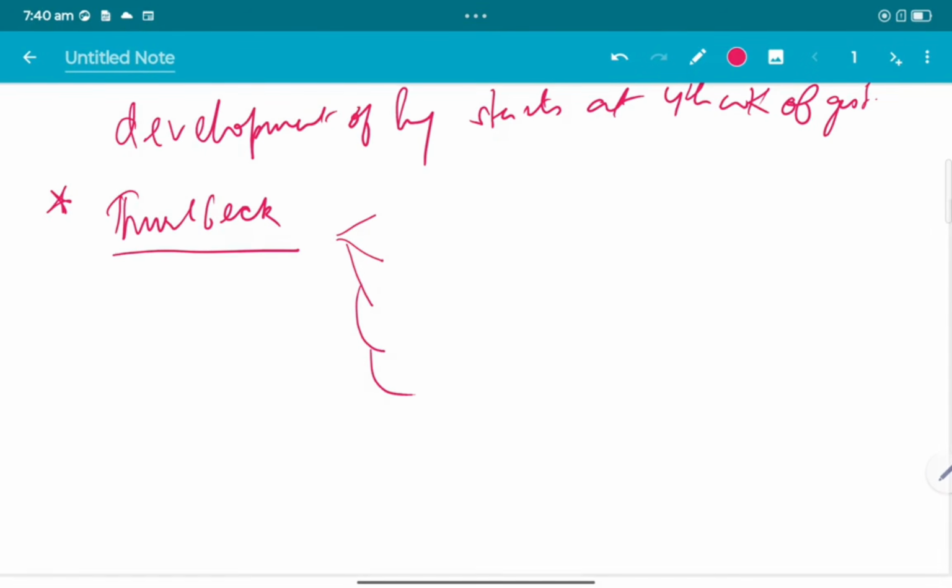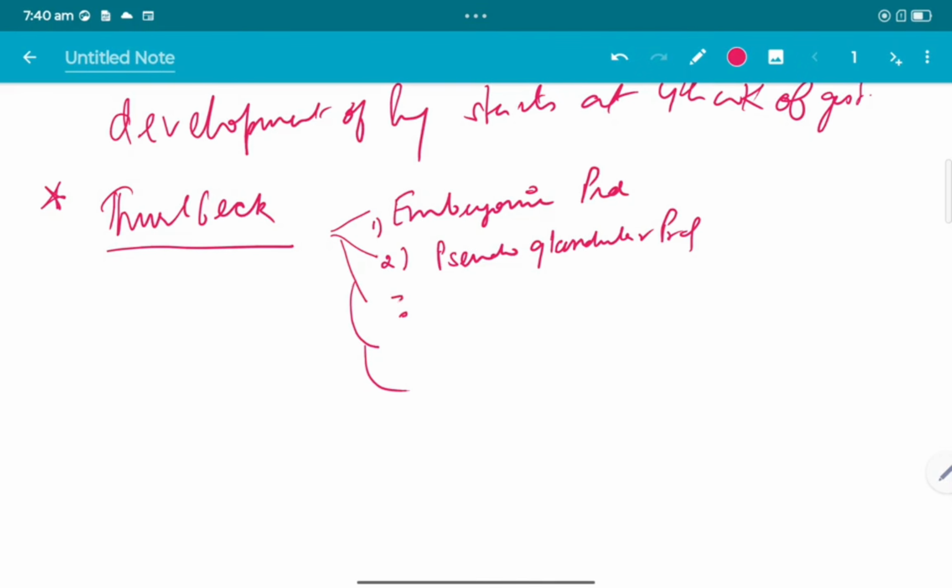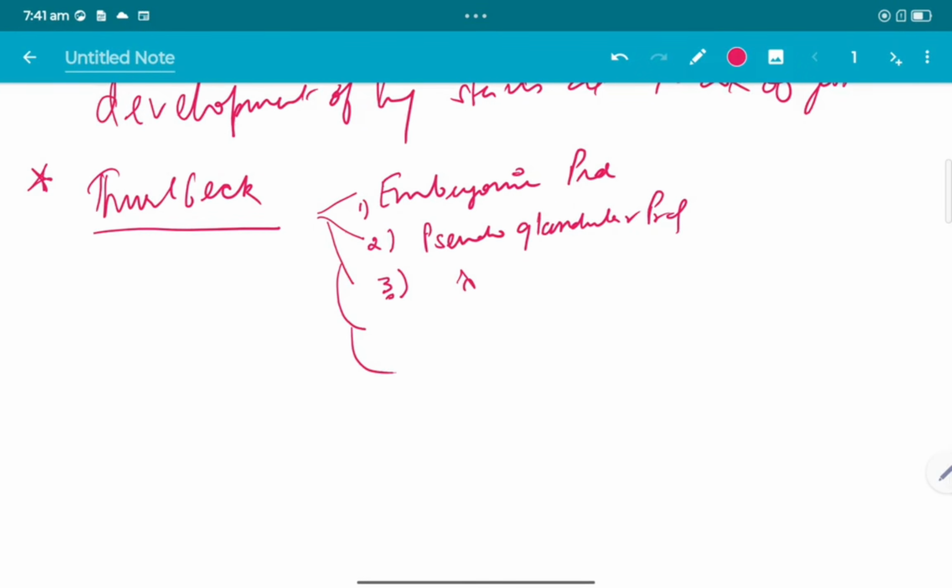First one is the embryonic period. Second is the pseudoglandular period. Third is the canalicular.